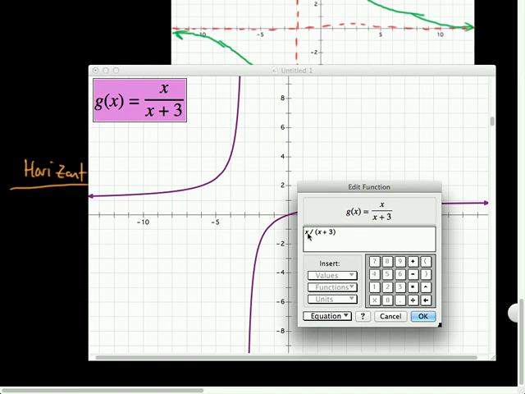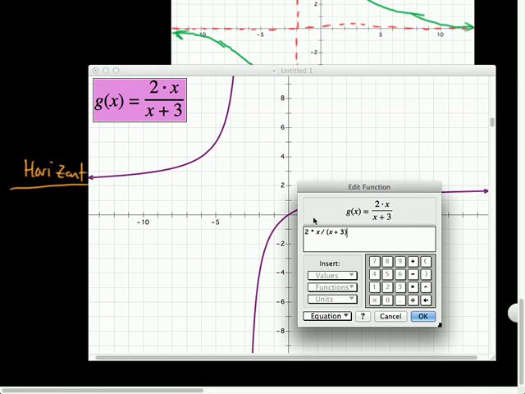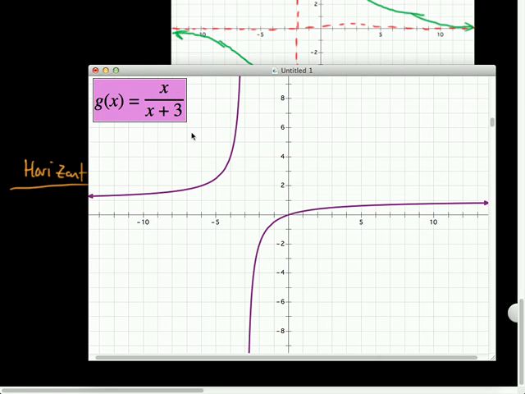So to verify that, notice if I change this to 2x over x plus 3, now my horizontal asymptote is at 2. All right. Now, to explain this in general, think about really big values of x. If I'm comparing x to x plus 3, imagine you show up at a party and you're like, hey man, I'm a billionaire.